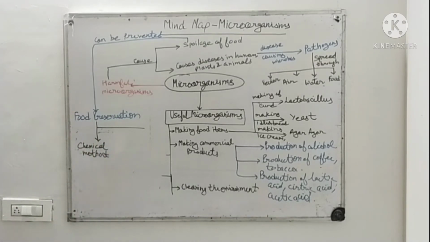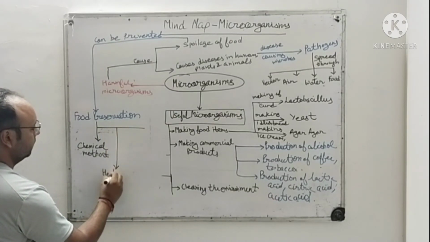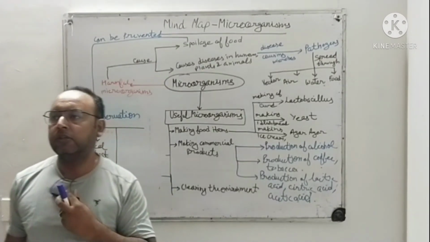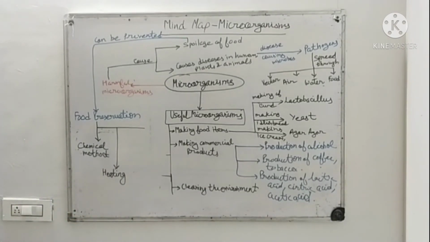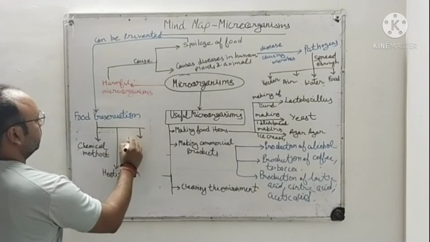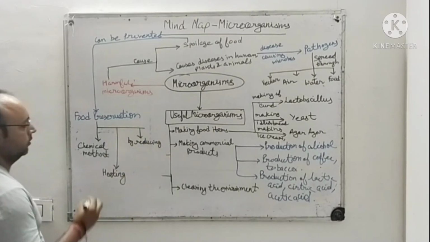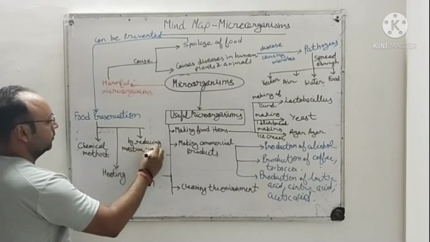In chemical method, you all are clear that we are using chemicals, right? Then we have heating. Like I gave you the example during the lecture that we boil the milk to protect it from microorganisms. That is heating. Then we have reducing moisture content, because microorganisms grow very fast in moisture.